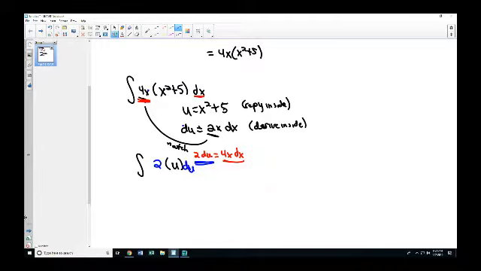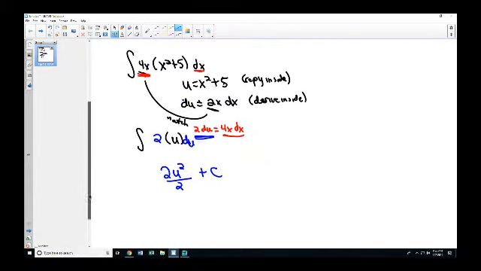Is that a much easier integral to calculate? Yeah, so what do you got? And I derive 2, u squared over 2. And it's indefinite, so we're going to add a constant. Correct?